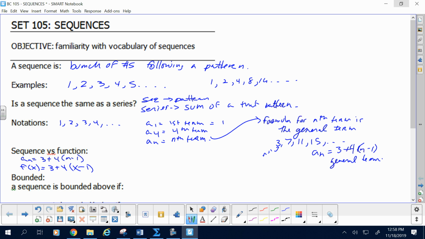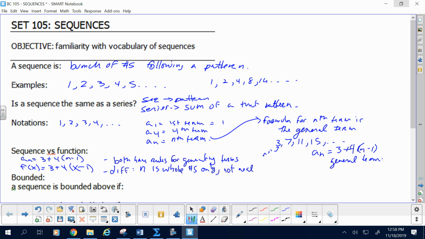Both have rules for generating terms. Some of the differences are that, first of all, n is whole numbers only, not real.